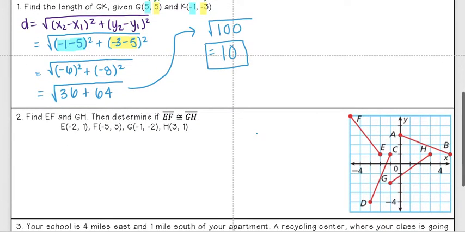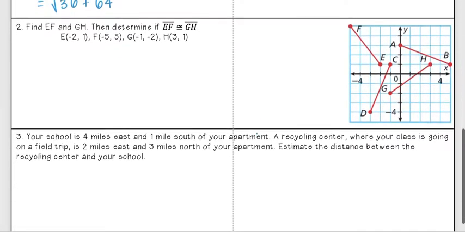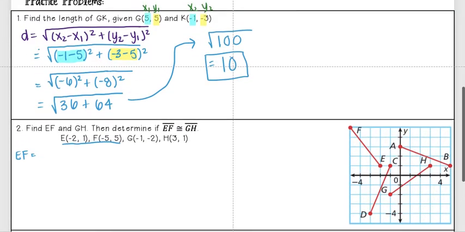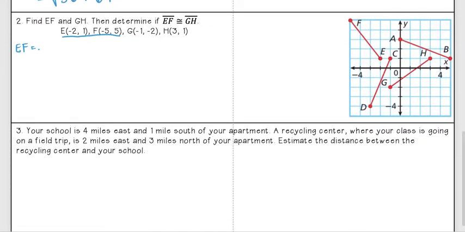Okay, let's go ahead and try another one. This one says to find EF and GH, then determine if EF is congruent to GH. I want to start with EF. When it says EF, that's really just referencing the distance again.